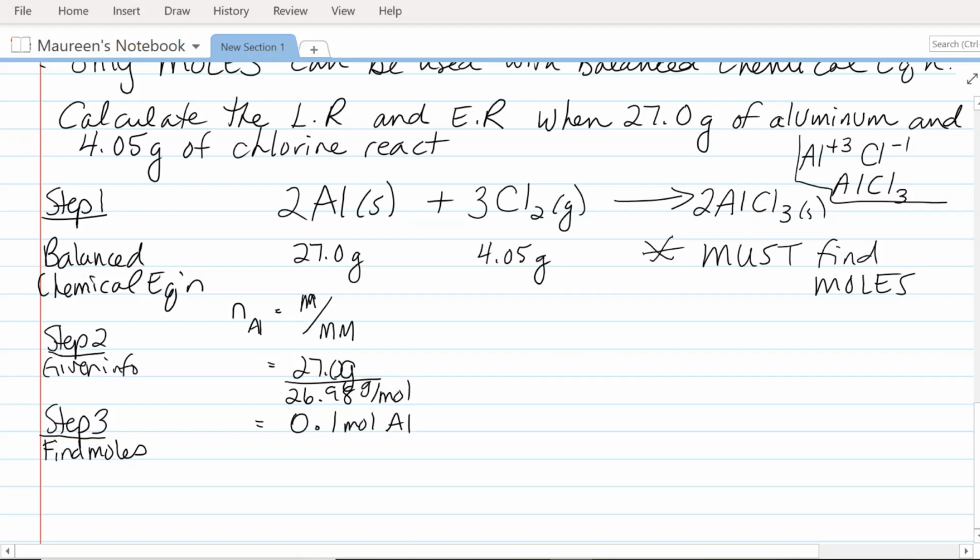And we'll do the same thing over here. We're going to find the moles of the chlorine. It's going to be mass over molar mass, which will equal 4.05 grams, over the molar mass of 2 chlorines, 70.9 grams per mole. And that gives us 0.06 moles of chlorine.